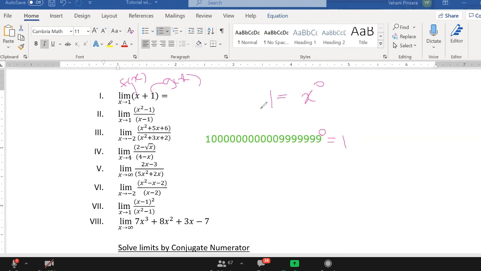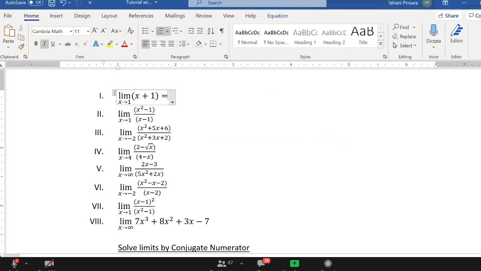So we can display this one as g(x), x to the power 0. So here we can apply the addition rule.